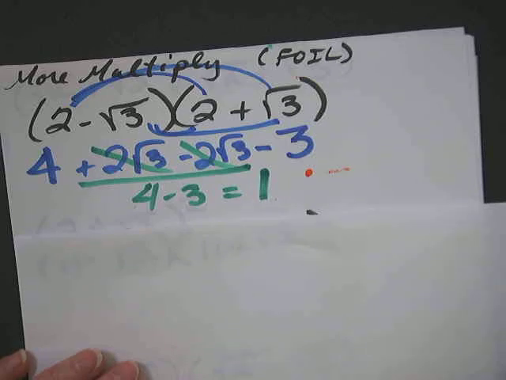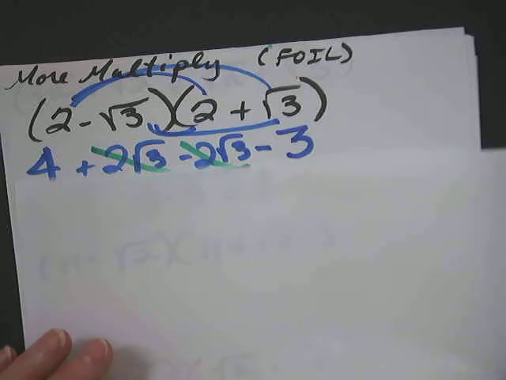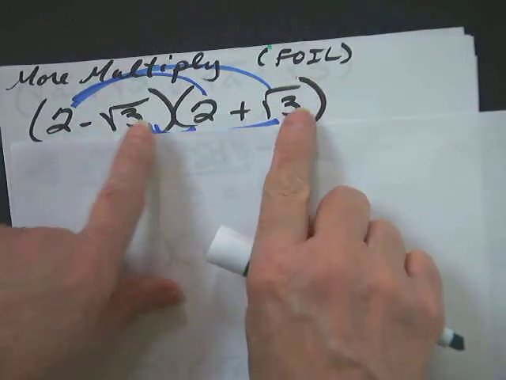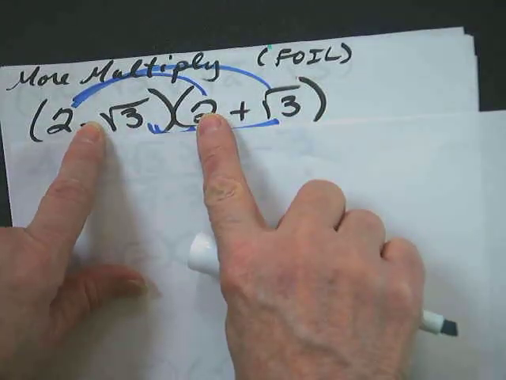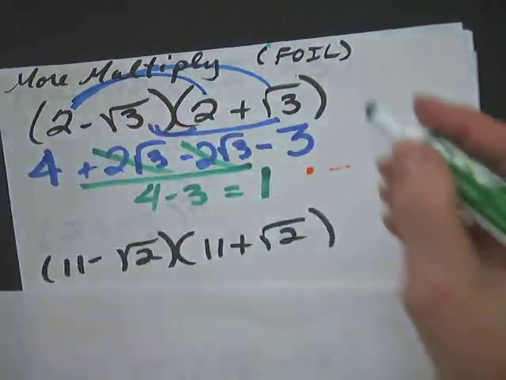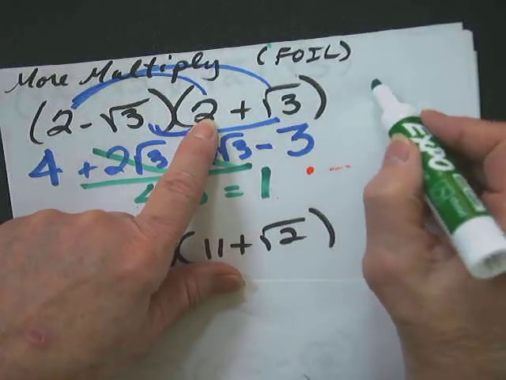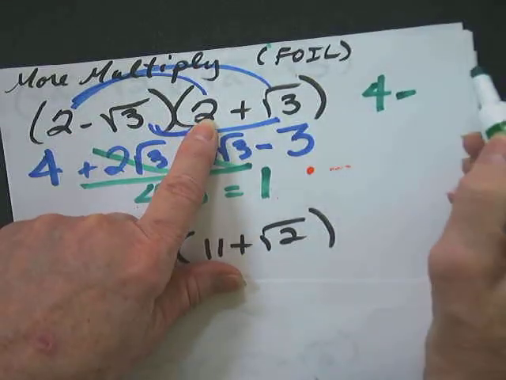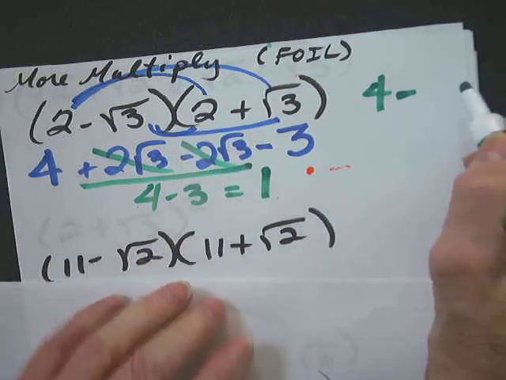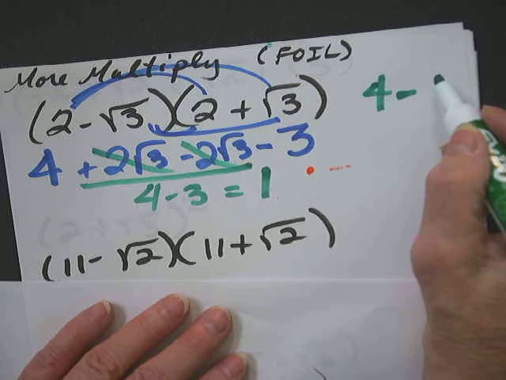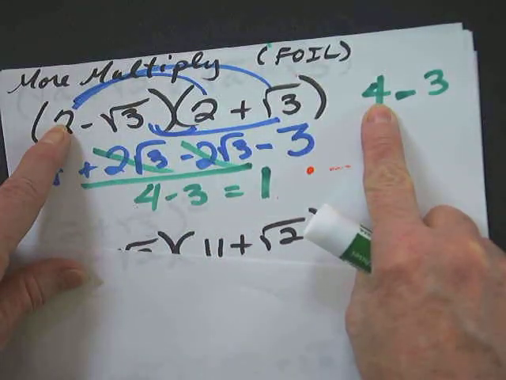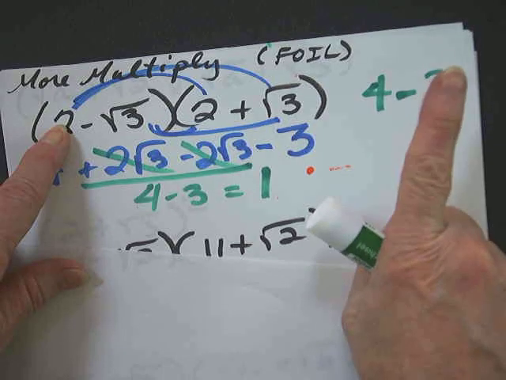Inside, minus 2 square root of 3. Last times last. Positive, negative is negative. Square root of 3 times square root of 3 is what? 3. Square root of 9, but we're going to go ahead and go to 3. Okay, inside terms did what? Canceled. So we have 4 minus 3 is 1.